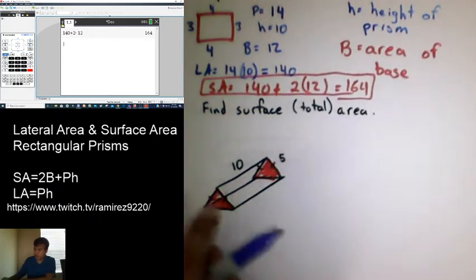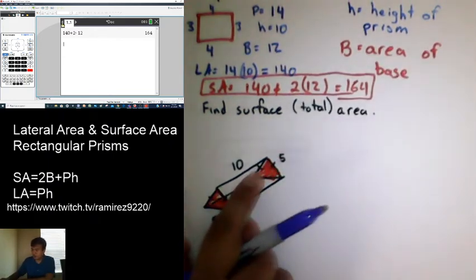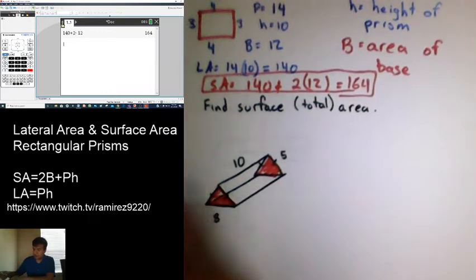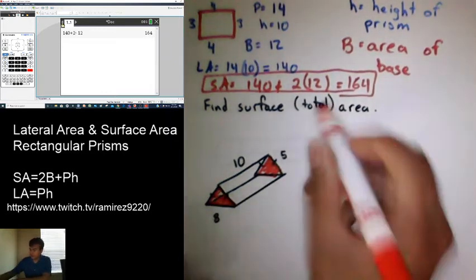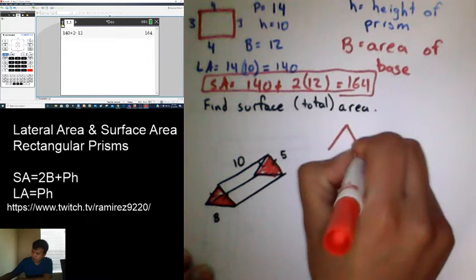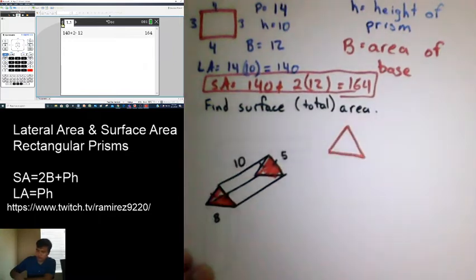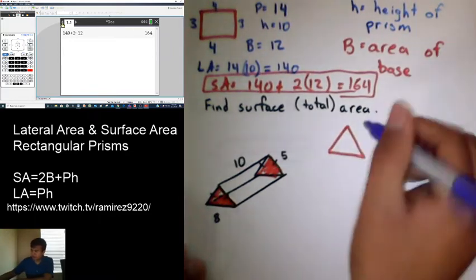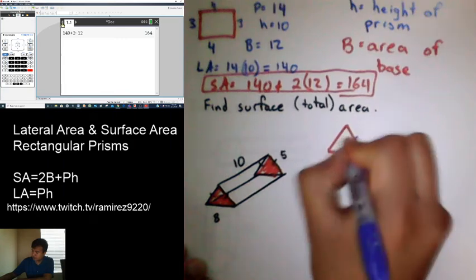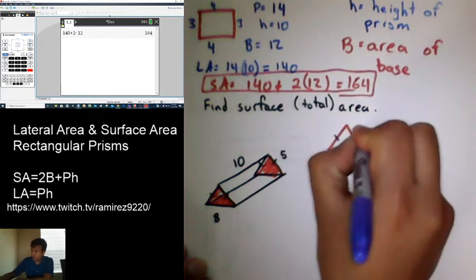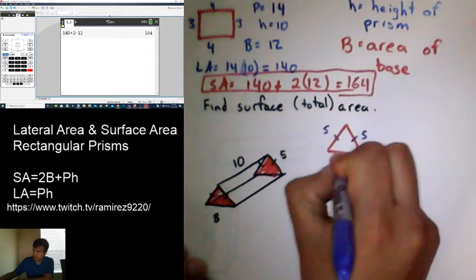So we know that this is 5 and this is 5. So our base is a triangular base. It's going to be very important that you know that your base is triangular. We know the sides are 5s and 8s.